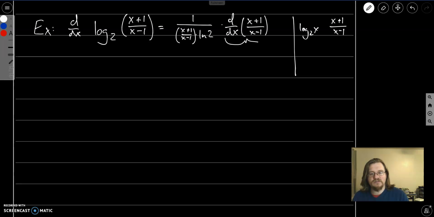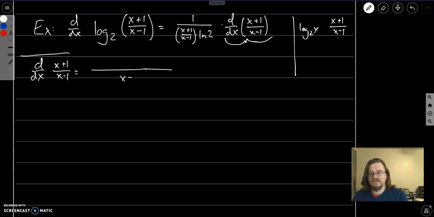I want to do this sort of by itself off to the side because this will involve the chain rule if I have to divide, or if I have this. So this is my scratch work off to the side. Let's find the derivative of x plus 1 over x minus 1. So again, quotient rule, because this is a quotient, this is a fraction.